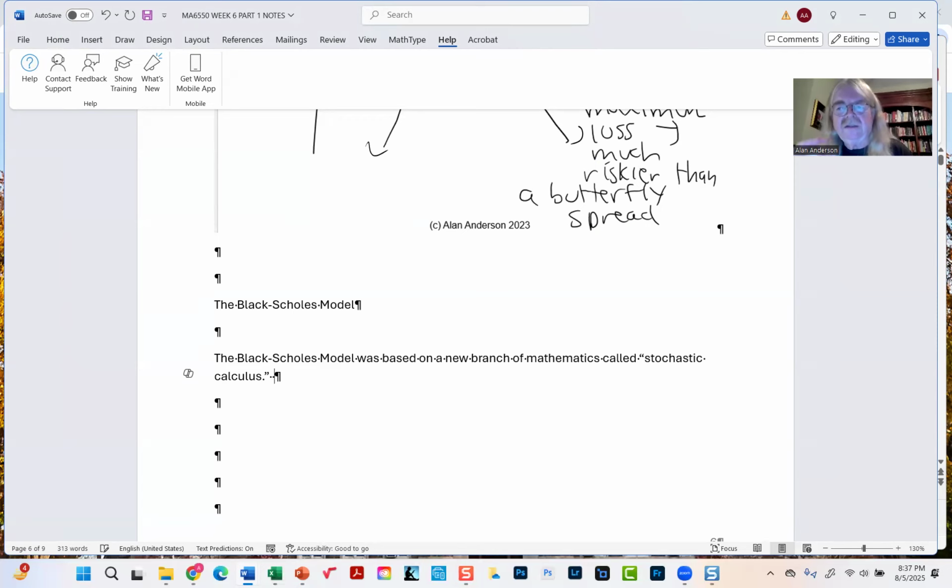Again, we won't get into this too deeply right now, but what it basically did was make it possible to take derivatives and integrals, especially of not just functions of x, but random variables. It really is a very complicated area of study. This branch of math was developed by a Japanese mathematician in the late 50s.